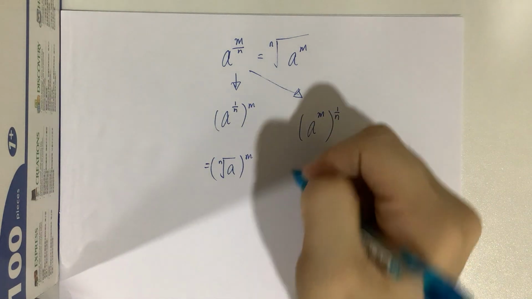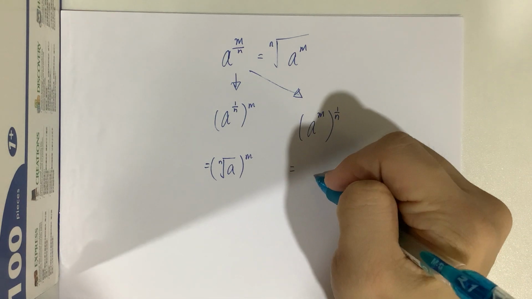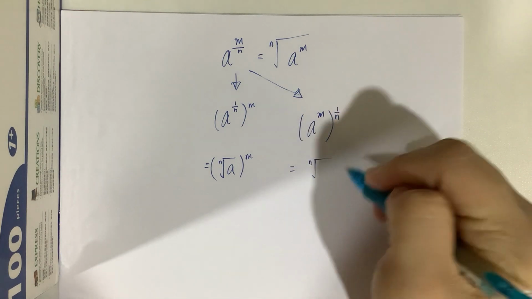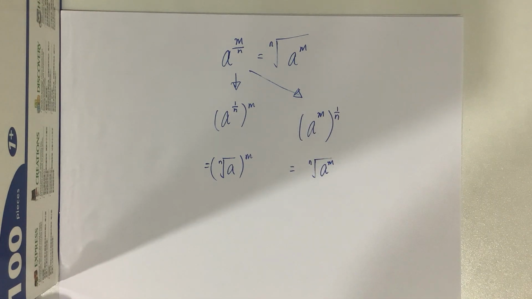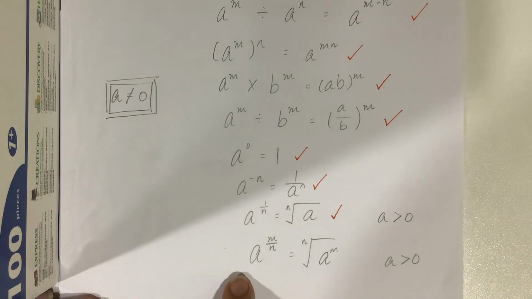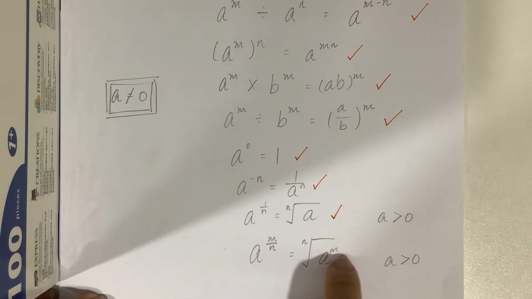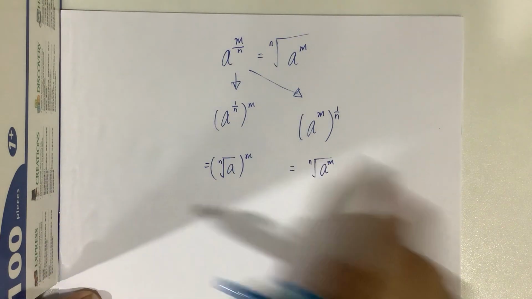Or you can word it as the nth root of a to the power m. And that's it. This is the last law of indices. a to the power m over n equals the nth root of a to the power m. So you can write it either in this format or in this format.